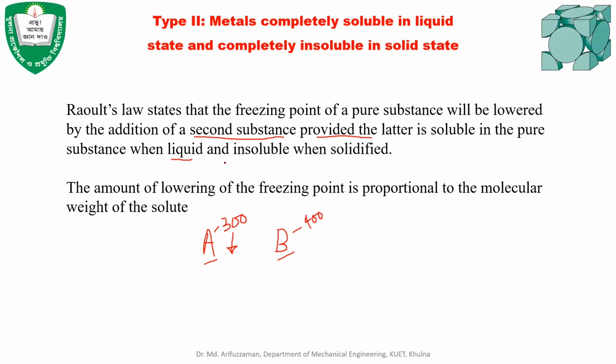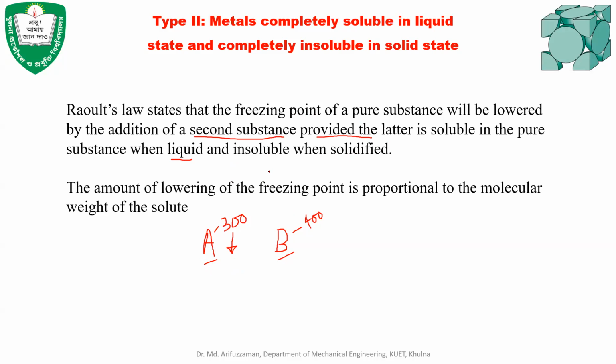To state the complete condition, in the liquid state metal B must be soluble in metal A, and insoluble when solidified. That means when A and B are mixed together and then solidified, metal B will be insoluble in metal A. This is the condition.